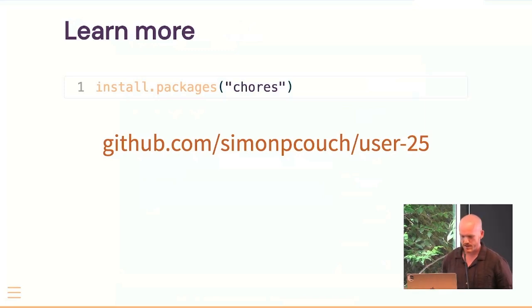So if you'd like to learn more, the Chores documentation is a good place to start. You can install that from CRAN using the regular install.packages. This repository, github.com/simonpcouch/user-25, has the source code for these slides, as well as some links out to various resources.